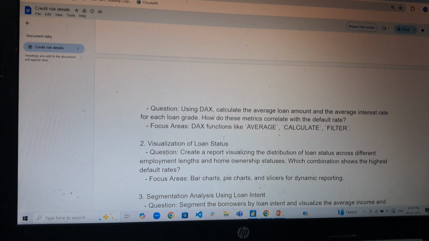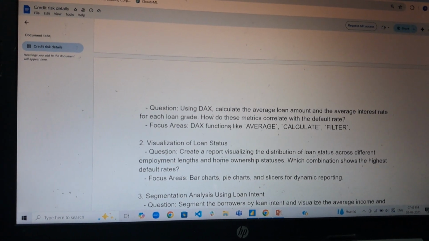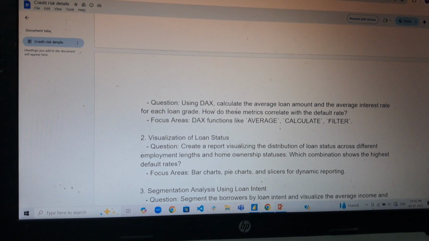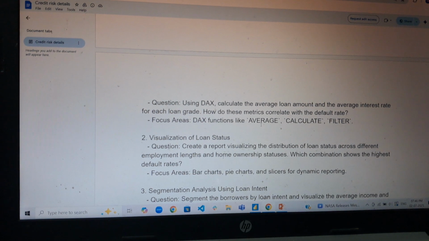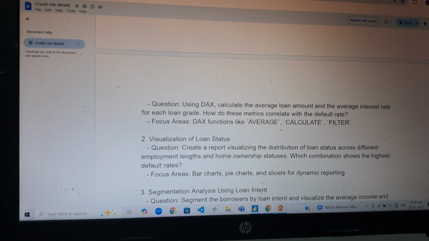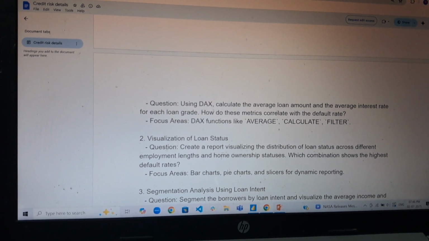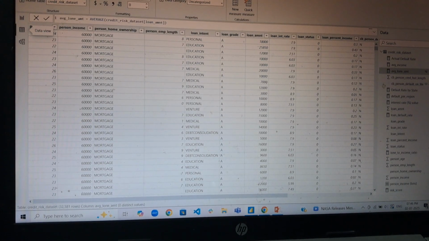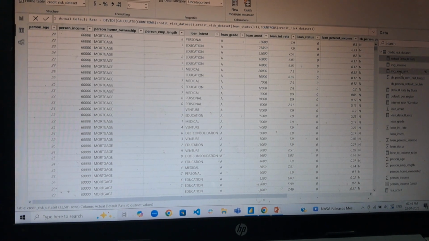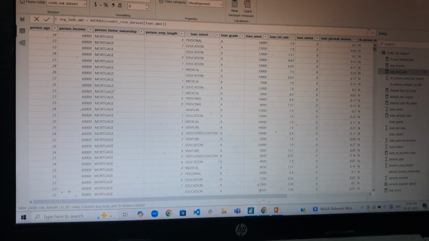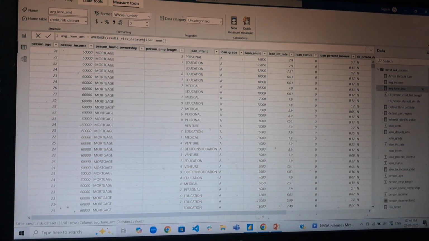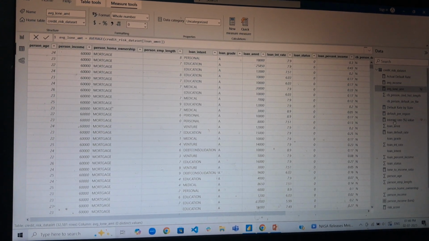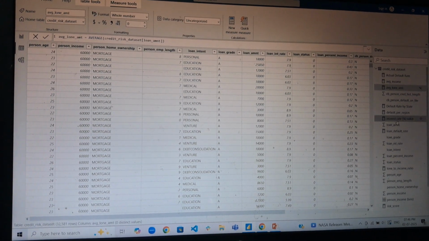Coming to the first question, we need to calculate the average loan amount and the average interest rate for each loan rate. To calculate these, we are going to use CALCULATE and FILTER.